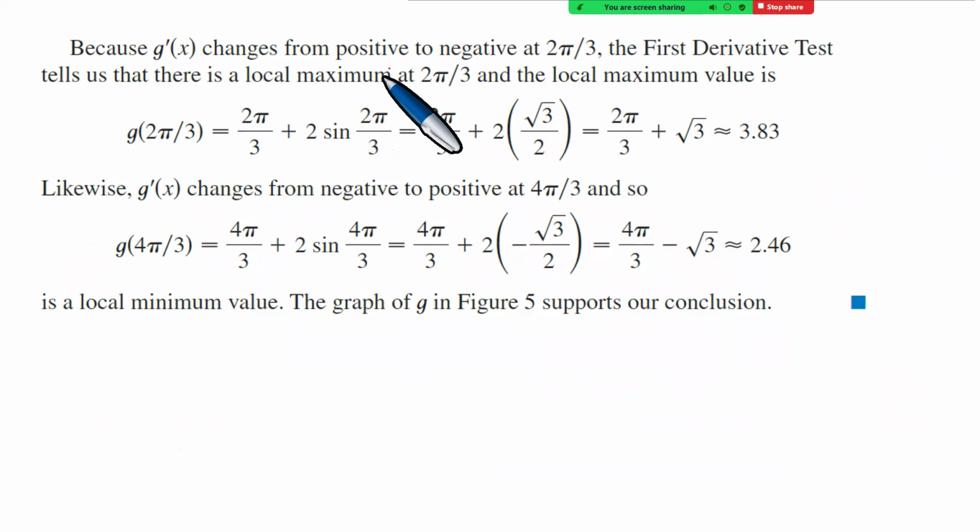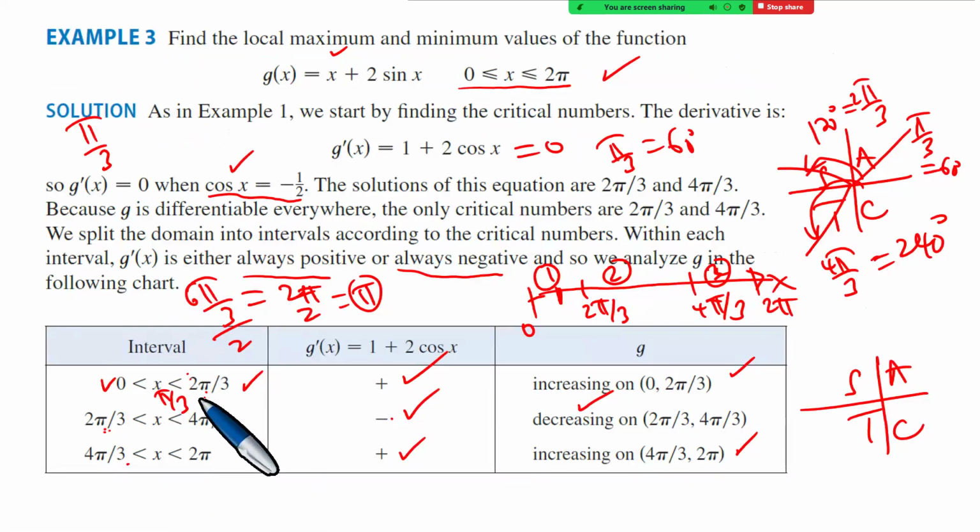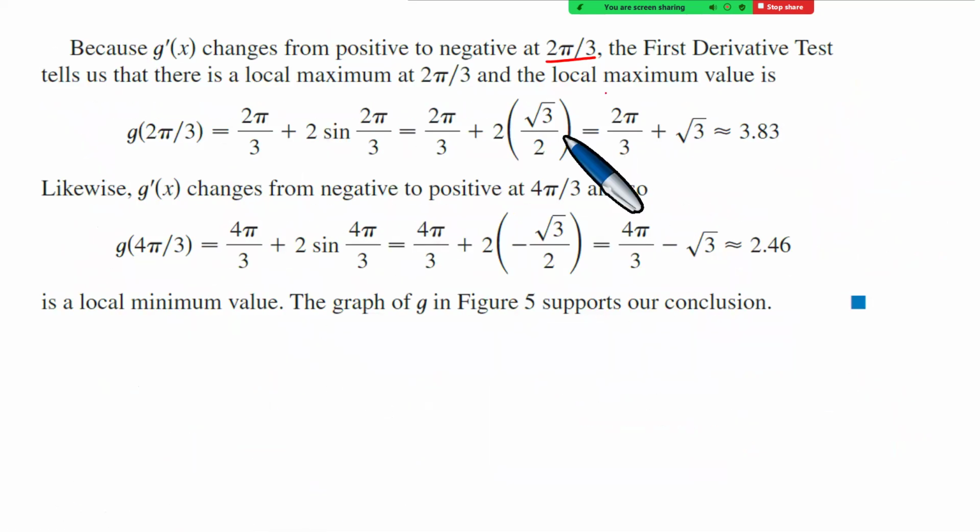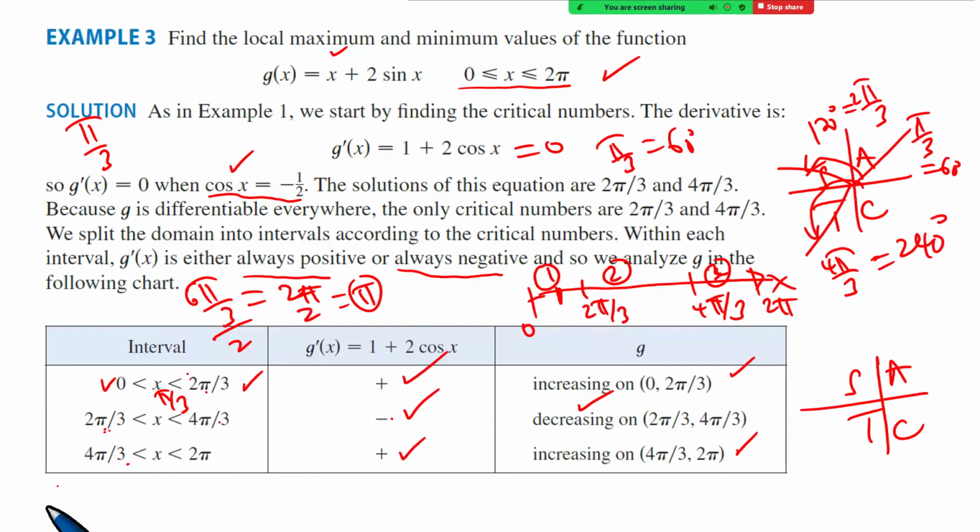Because G prime changes from positive to negative at 2 pi over 3, the first derivative test tells us there is a local maximum at 2 pi over 3. The local maximum value we find by putting it in the function g, which is g of x equals x plus 2 sine x.